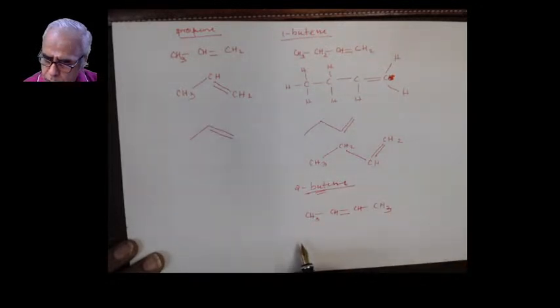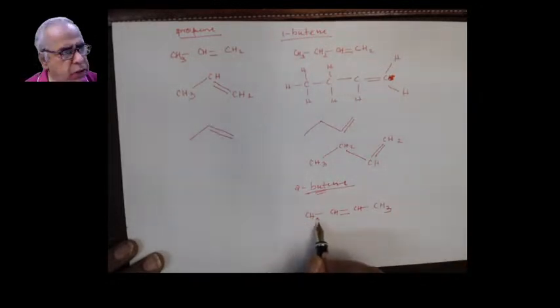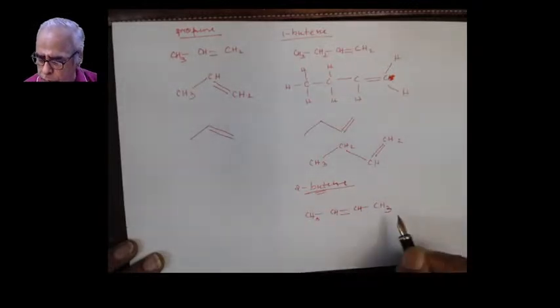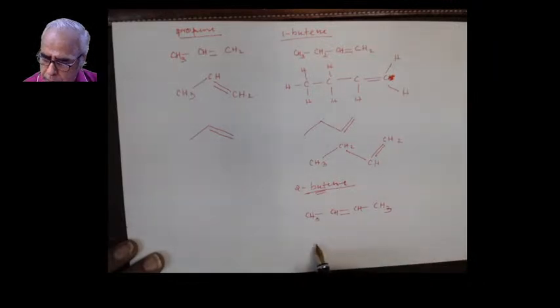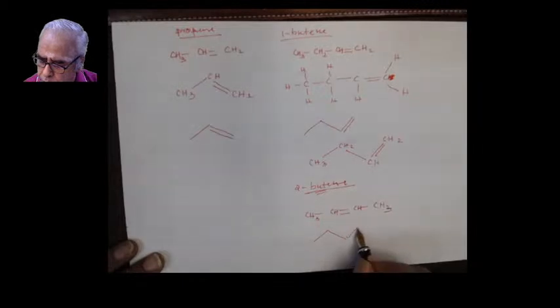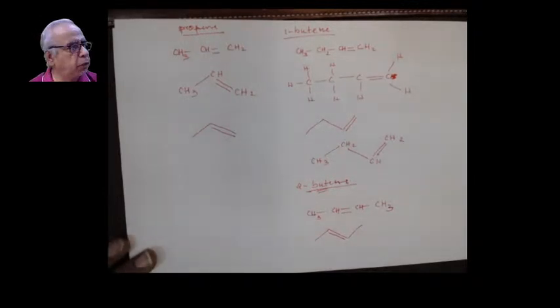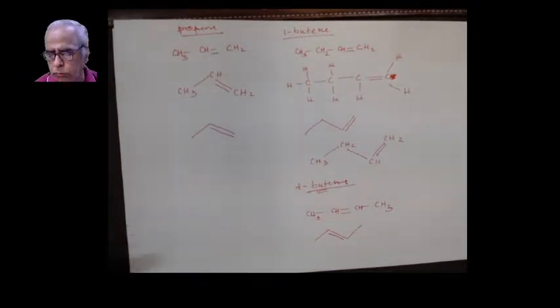Okay, so ensure the tetravalency of carbon atom. Here 4, here also 4, 4, 4, finished. So how can you represent this? By bond line, 1 2 3, 1 2 3 4. So second position double bond. So butene. Okay, so this is known as 2-butene.